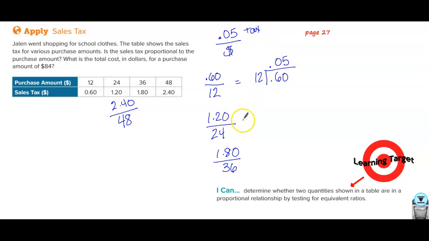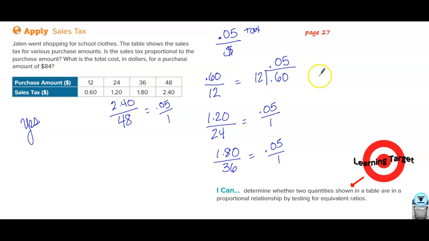All right, and all of these end up the same answer. 0.05 over 1. You do this number divided by that number. This number divided by that number is 0.05 over 1. And this one divided by this one is 0.05 over 1. So yes, it is proportional. That's our first answer here. But then our second answer is, what if we spent $84?